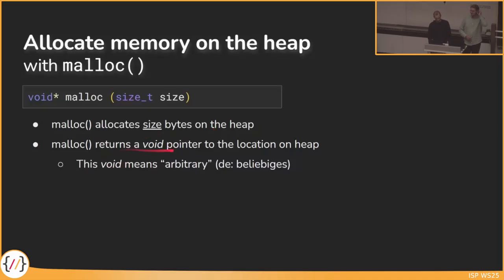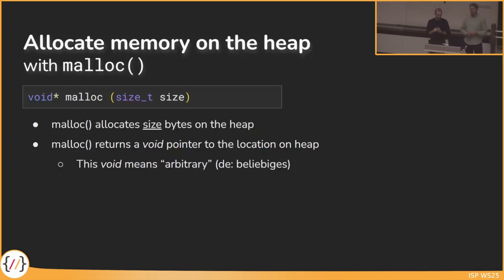And malloc returns a void pointer to a location on the heap. In this case, void means arbitrary, so it could be every type of pointer. It can be a char pointer, int pointer, or whatever.